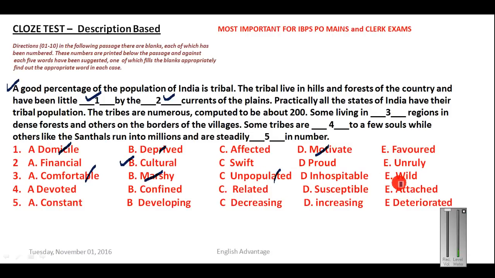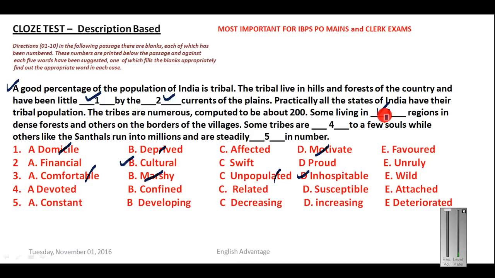Now it could definitely be wild, but the more appropriate choice will be inhospitable, because the word inhospitable refers to conditions that are hard to live in. Okay, or you can say very harsh conditions, or conditions in which it is very difficult to live. Okay, so this is what this word inhospitable means, and this will be the correct answer here. This will be the most appropriate choice here.